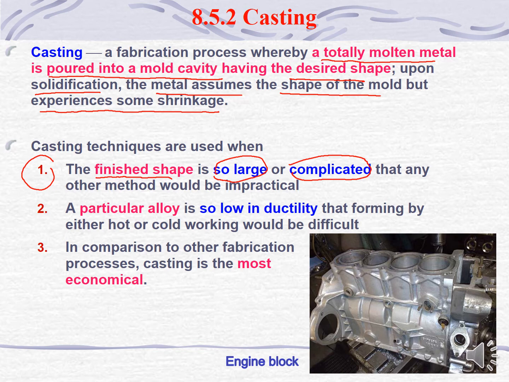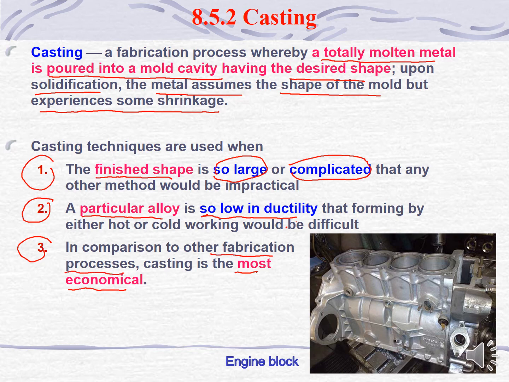The second condition is when a particular alloy is so low in ductility, meaning that we cannot give any mechanical force to the metal in order to deform or fabricate the product. And the third condition is because casting is the most economical, when compared to other fabrication processes.